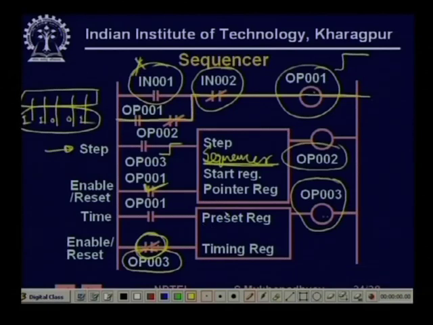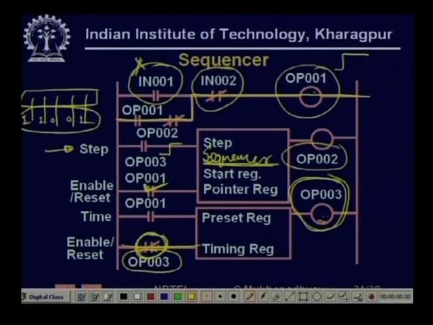Basically, with this arrangement it is continuously timing, and the moment OP003 goes high after the timing interval, this gives a pulse here. A step is executed in the sequencer, and because it is latched like this, immediately when this goes high it is reset, and then it is enabled and timing again.